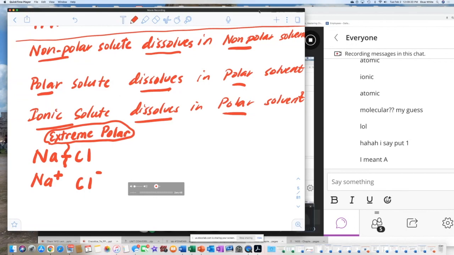Remember in chapter 11, we said when table salt dissolves in water, so here I'm going to use water to represent my polar molecule, water right here, dot, dot, dot, dot. I'm talking about just the one bond, not both of them. This one bond here, this bond is polar, right? Even though it does hydrogen bonding, the thing that connects the two of them and allows them to dissolve in each other is the polarity of the bond.